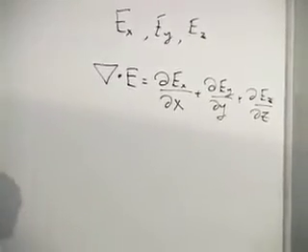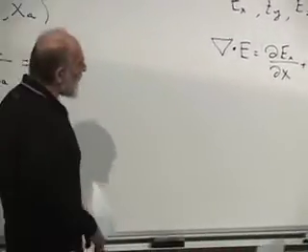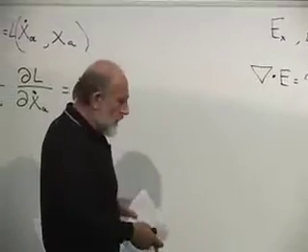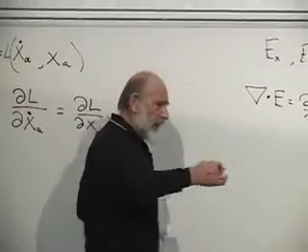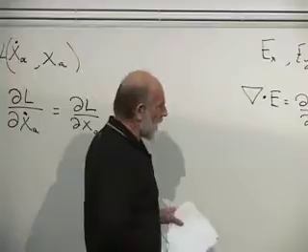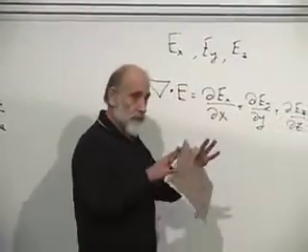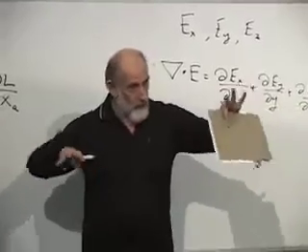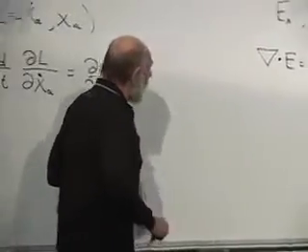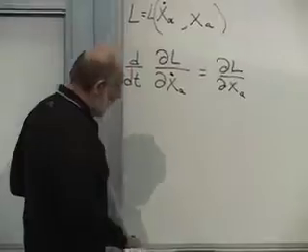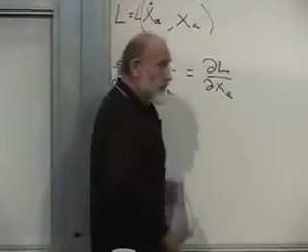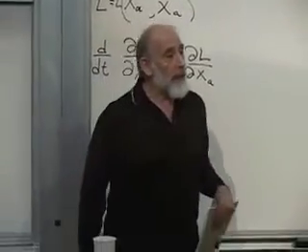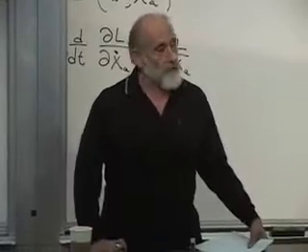Now there's another notion called curl, which is also a kind of geometric notion. Spreading away from a point is a three-dimensional notion, spreading away in all three directions. The curl is also a three-dimensional notion, but it itself is a vector.